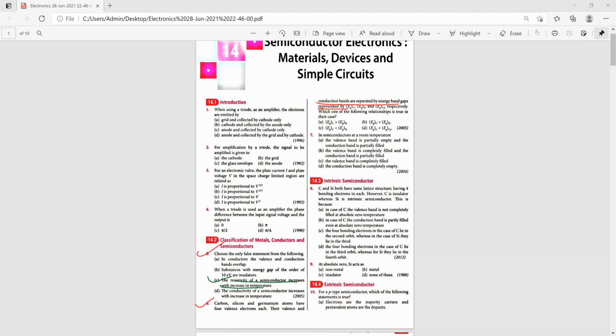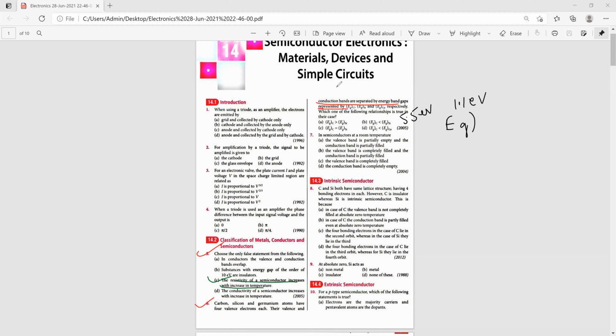So here band gap of carbon is 5.5 electron volt, while that for silicon it is 1.1 electron volt. Therefore, the energy gap for carbon is greater when we compare with silicon. So therefore, the first one is the right answer.